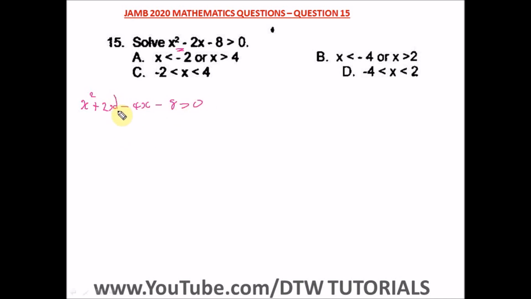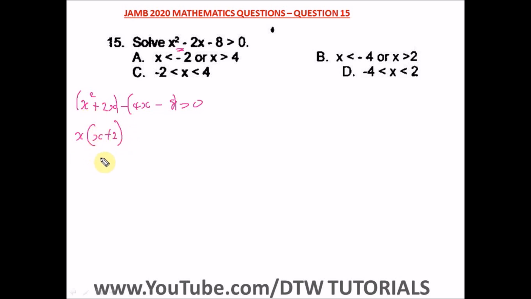So we know that we have to put all this in our little bracket. So once this is in our bracket, we'll find what they have in common. They have x in common. We have x open bracket x plus 2.